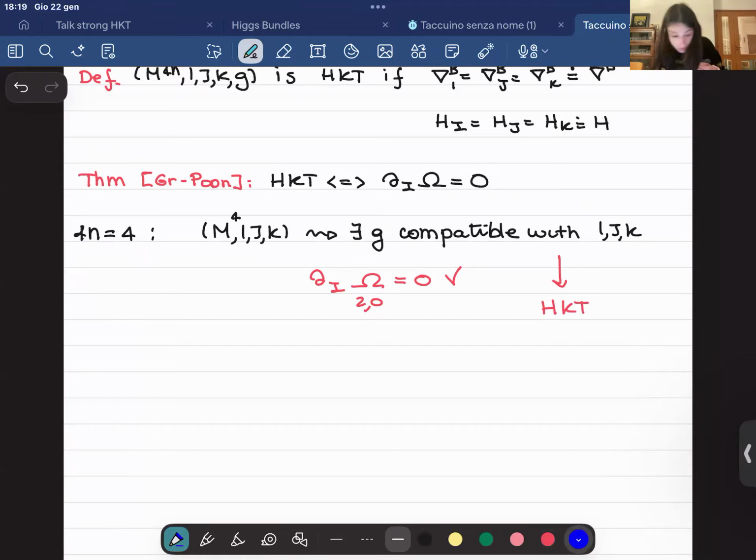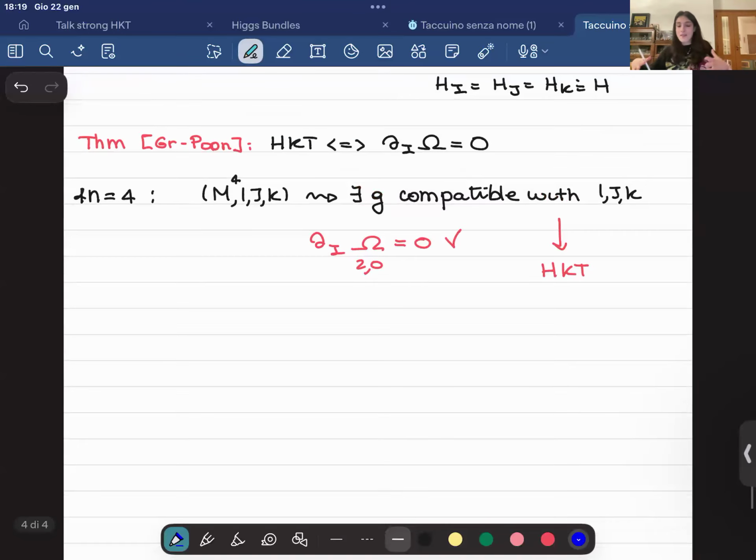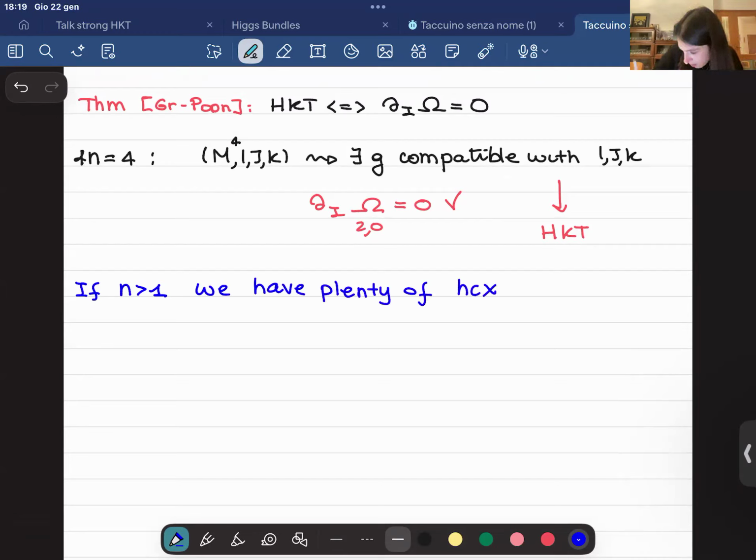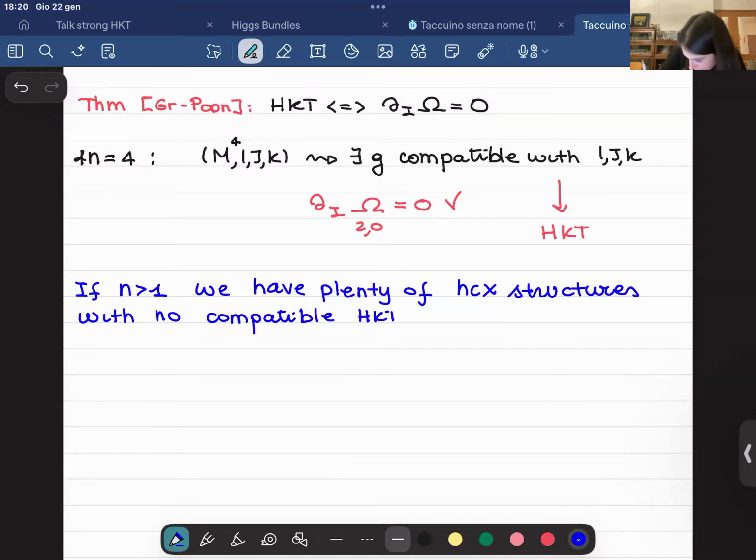So there was a question whether, whenever I have a hypercomplex structure, I can find a compatible HKT metric, but actually this is not the case. In fact, if n is greater than 1, we have plenty of examples of hypercomplex structures with no compatible HKT metric.